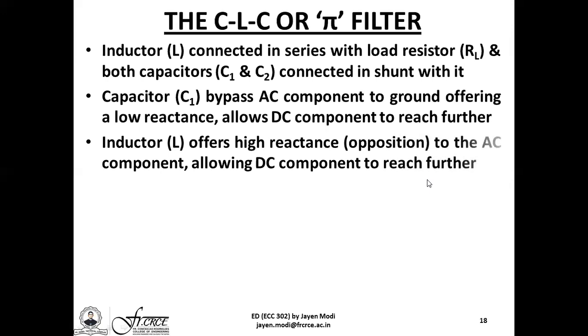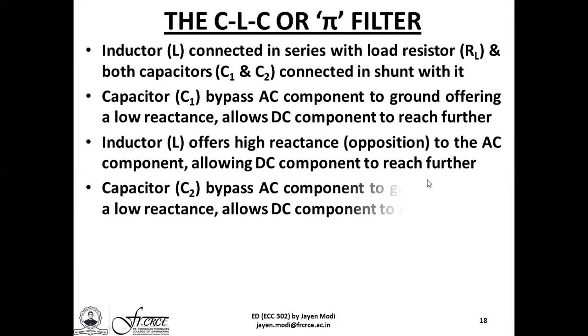The inductor L offers a very high reactance, also called opposition, to the AC component, thereby allowing the DC component to proceed further. And the capacitor C2 bypasses any remaining AC component down to ground, offering a very low reactance to it. But on the other hand, it allows the DC component taken from the inductor to finally reach the load RL.